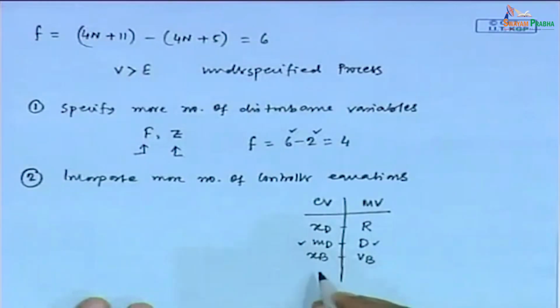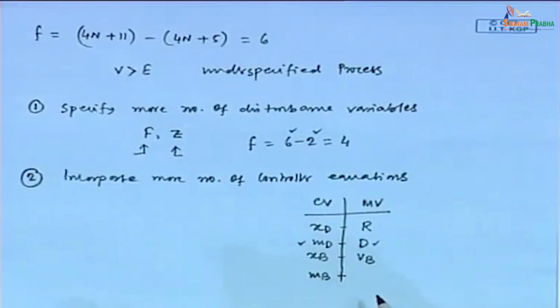In a similar fashion, we can consider the hold up in the column base MB as another control variable. Some liquid is accumulated in the column base, which is represented by MB.